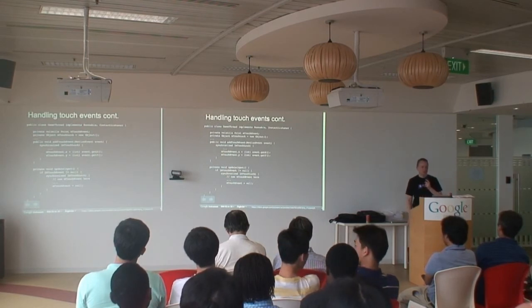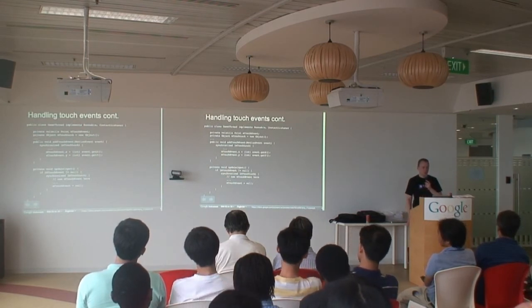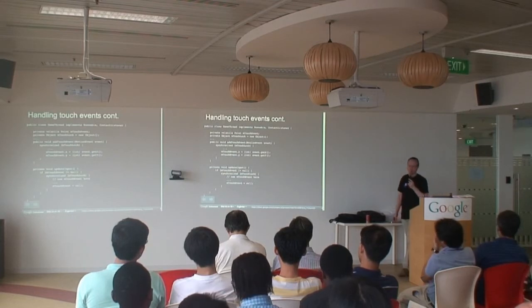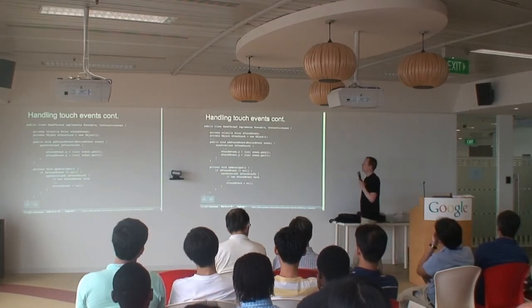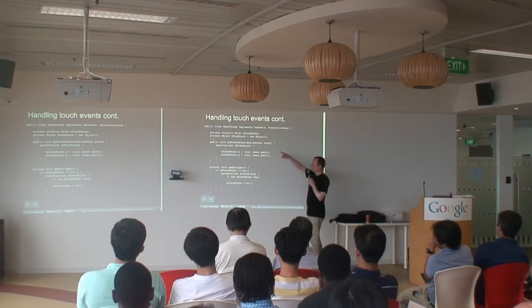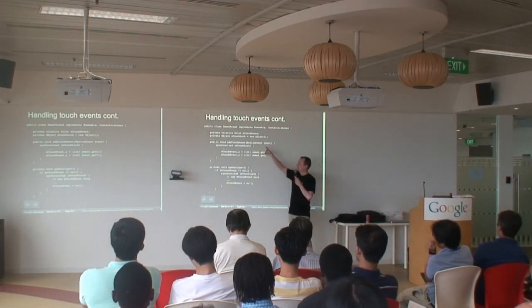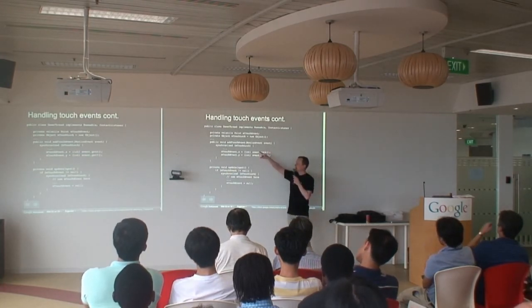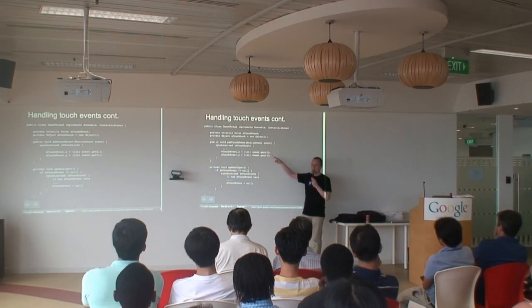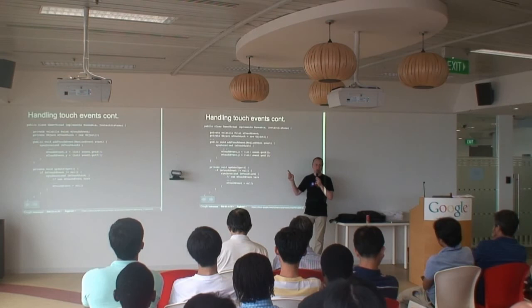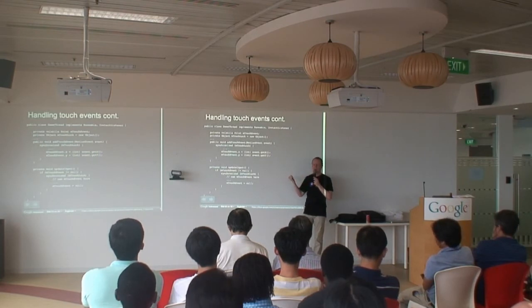So here is one way of handling it in the thread. In the touch event, we first synchronize around the lock object to make sure we don't access these objects at the same time from the main thread and the game thread.